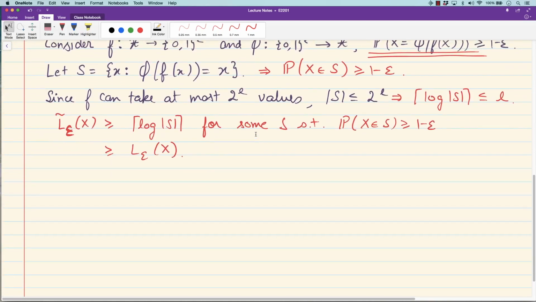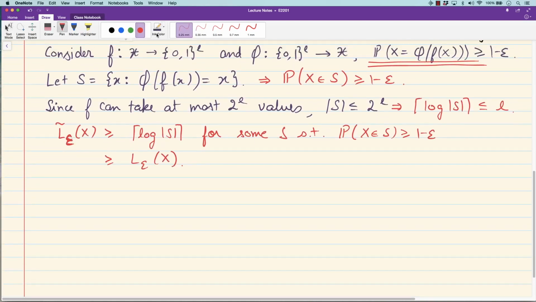To show this, for each S, we have to now construct a mapping F. Okay, so suppose S satisfies probability that x belongs to S exceeds 1 minus epsilon.